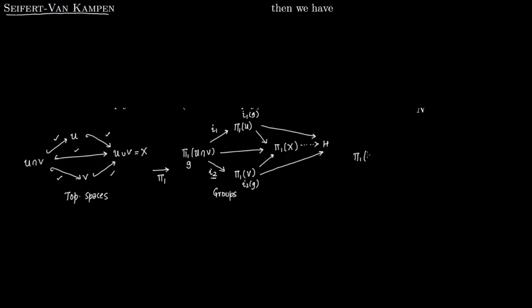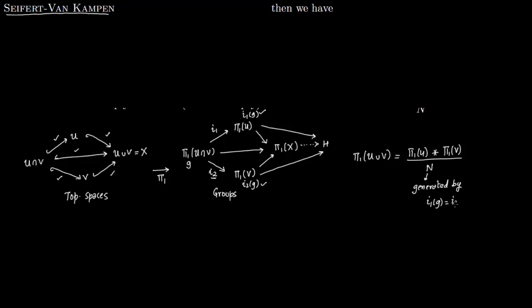So let us write this down. Instead of X, now I will again write U union V. This will be equal to pi1U free product with pi1V, and you modulo it with some normal subgroup. This normal subgroup is essentially generated by this pi1 of U intersection V. So what is it? This normal subgroup is generated by words like this: I1g and I2g.